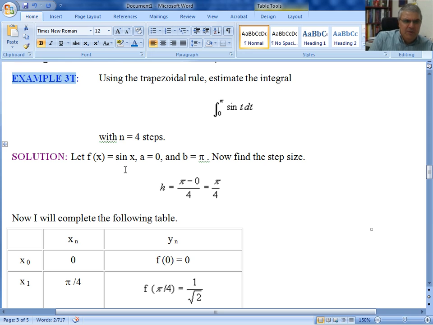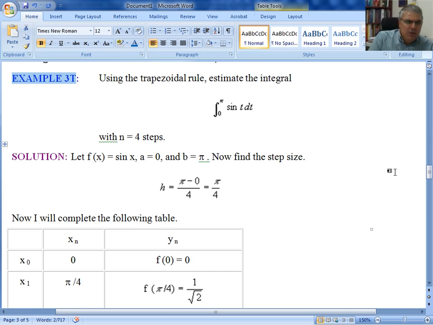So the first thing is we let f of x be sine of x. A is 0 to pi, so b would be pi. H would be simply pi minus 0, that's b minus a, divided by n, which is 4 in this case. So h would be pi over 4.